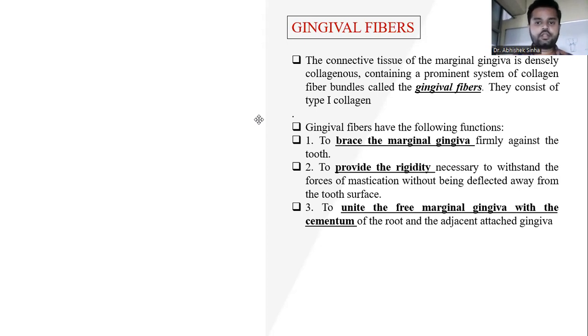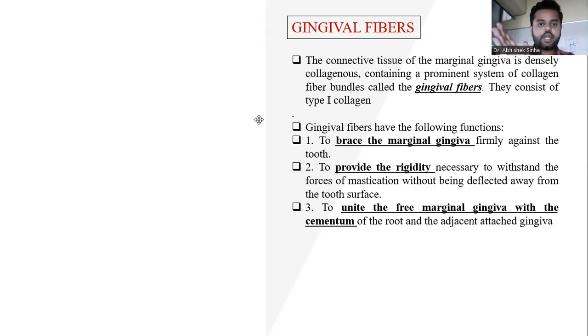If the fibers were not there, while eating you would always bruise your gingiva. So they are providing rigidity also. They are uniting the free marginal gingiva with the cementum of the root. The marginal gingiva at one portion is only elevated like a flap, while the other portion is attached.